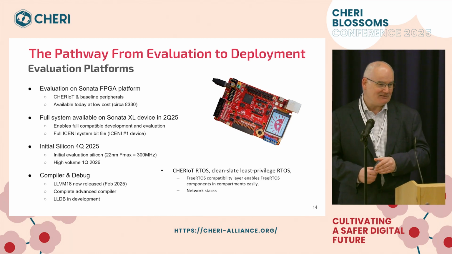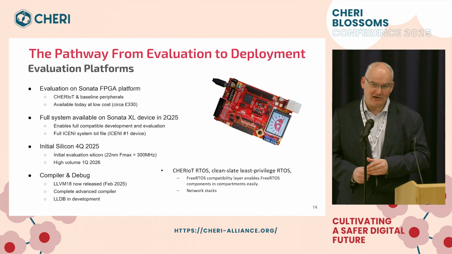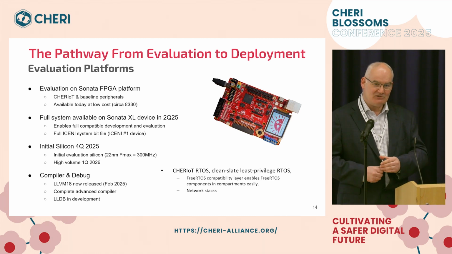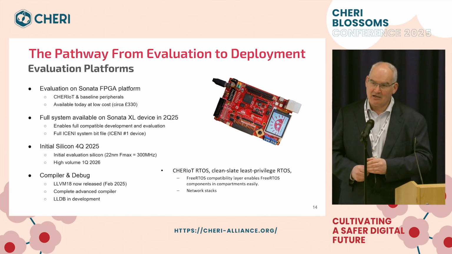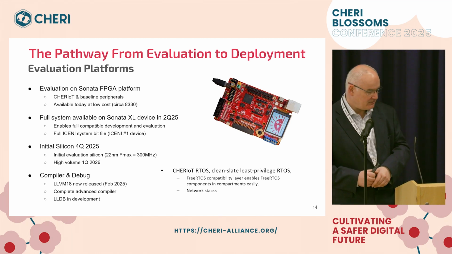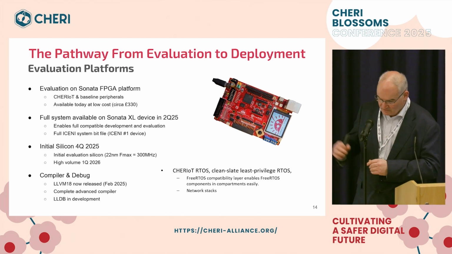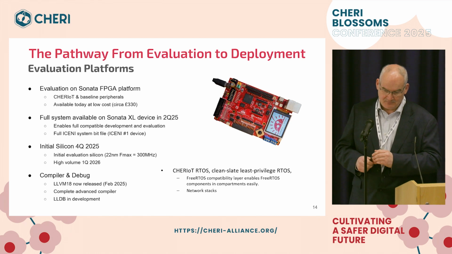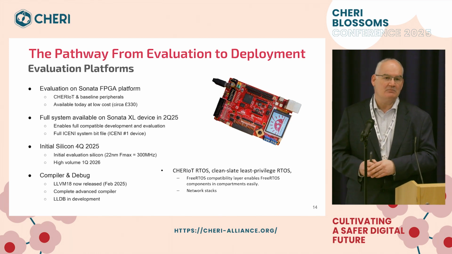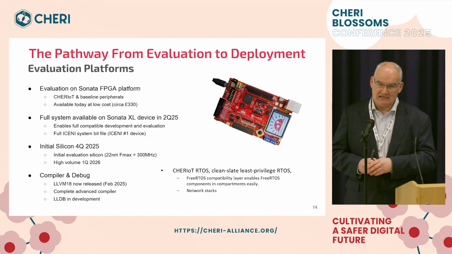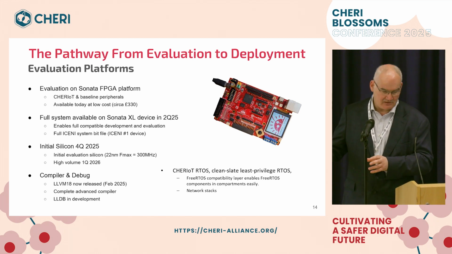And we wanted to take that out and celebrate it around the world as something which is unique to this area, but something which can also drive change around the industry. So we will have the full Iceni chip RTL implemented in Sonata XL later on in the summer.